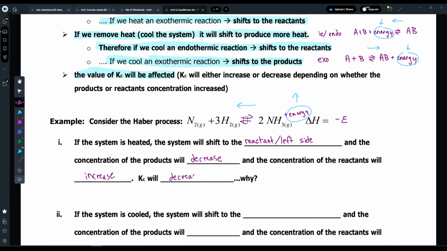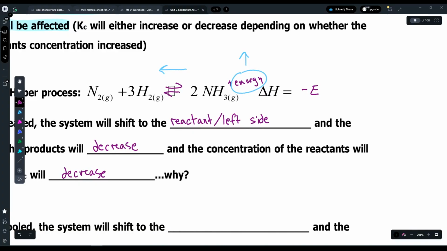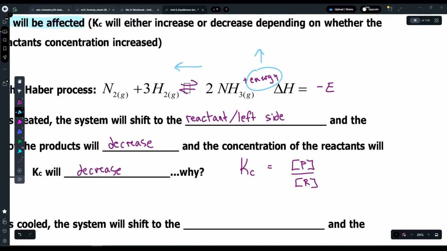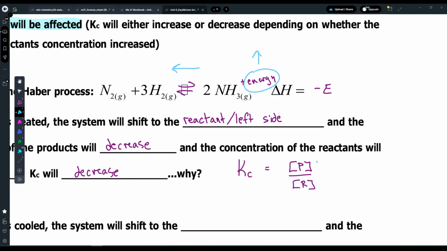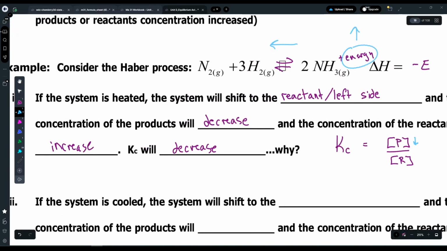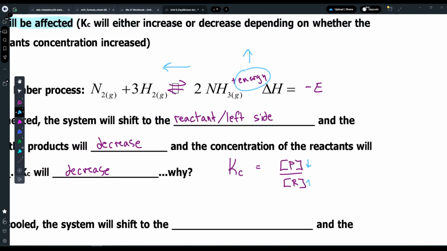Now, why is this? So if we go back to a very basic form of an equilibrium law expression, we have Kc is equal to the concentration of products divided by the concentration of reactants. Now, we just said that the concentration of products decreases, whereas the concentration of reactants is going to increase.